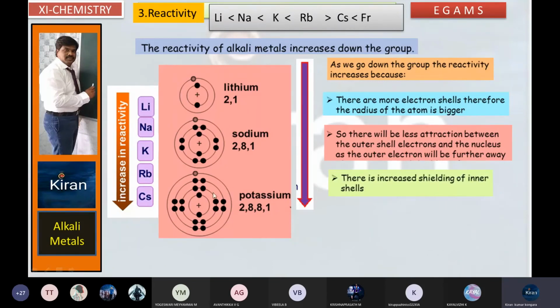See here, these are inner shell 1, inner shell 2, inner shell 3. These inner shells protect the valence electron. So due to the shielding effect also, the reactivity increases and the electron will come out easily. It is because of this that the outer electron is more easily lost as you go down the group.